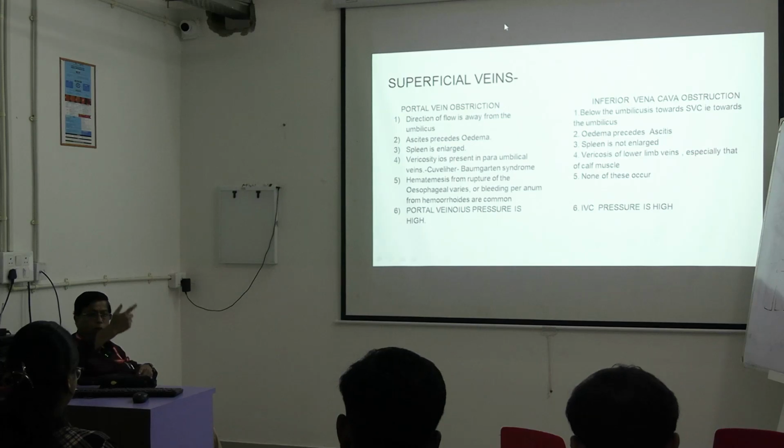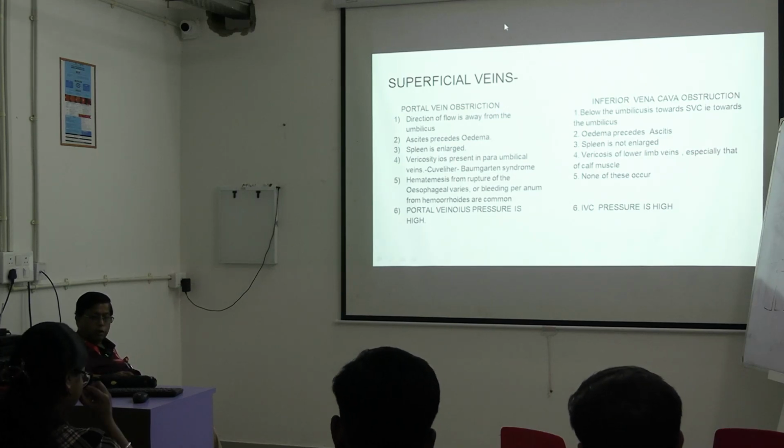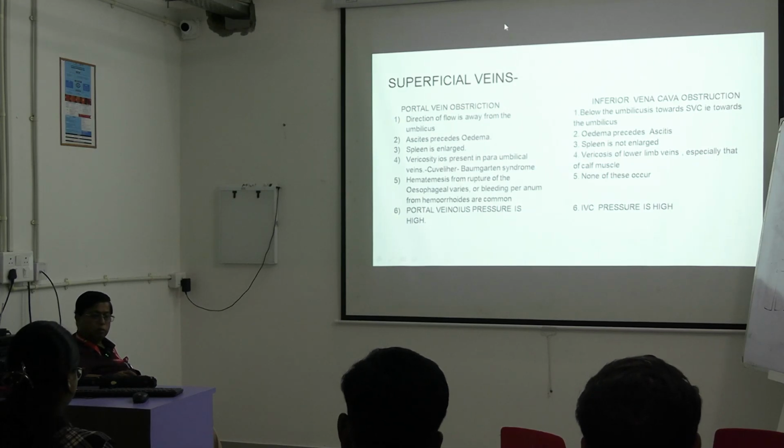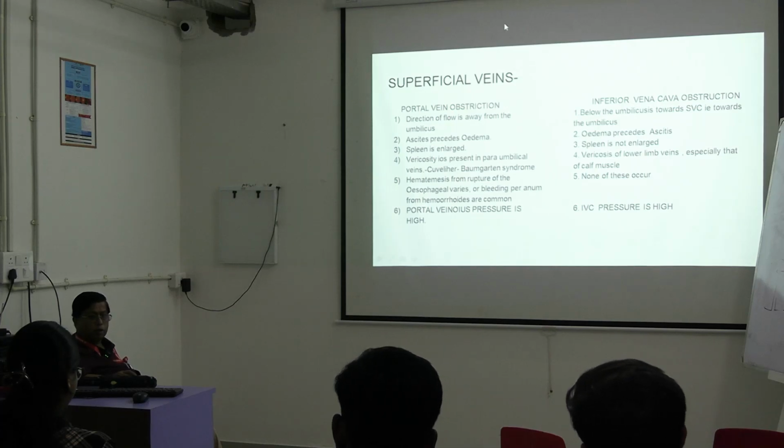It is from below upwards, never from above downwards. So make this concept very clear and try to remember it. In portal hypertension, it is away from the umbilicus. In inferior vena cava obstruction, above the umbilicus it is away from the umbilicus, but below the umbilicus it is towards the umbilicus, because all veins are trying to drain into the superior vena cava, be they paraumbilical or lumbar veins.